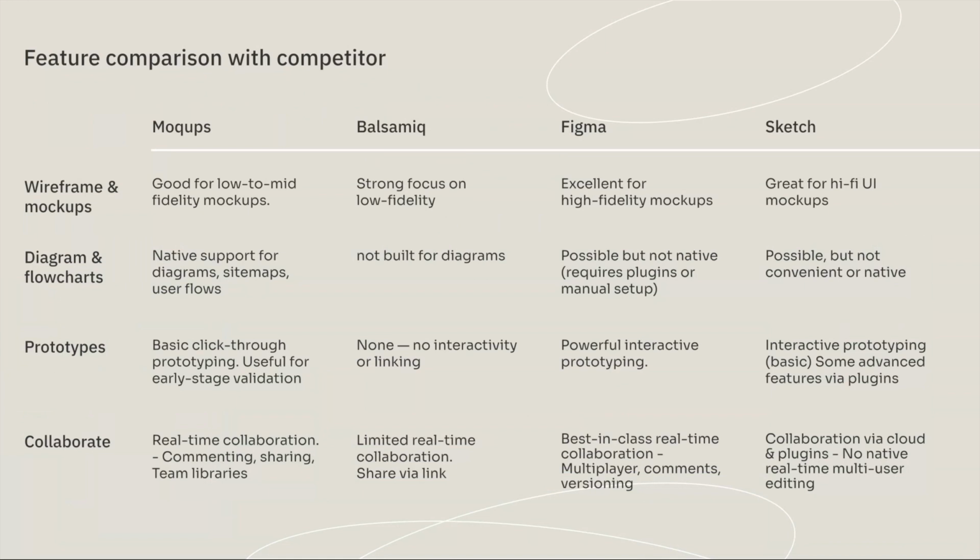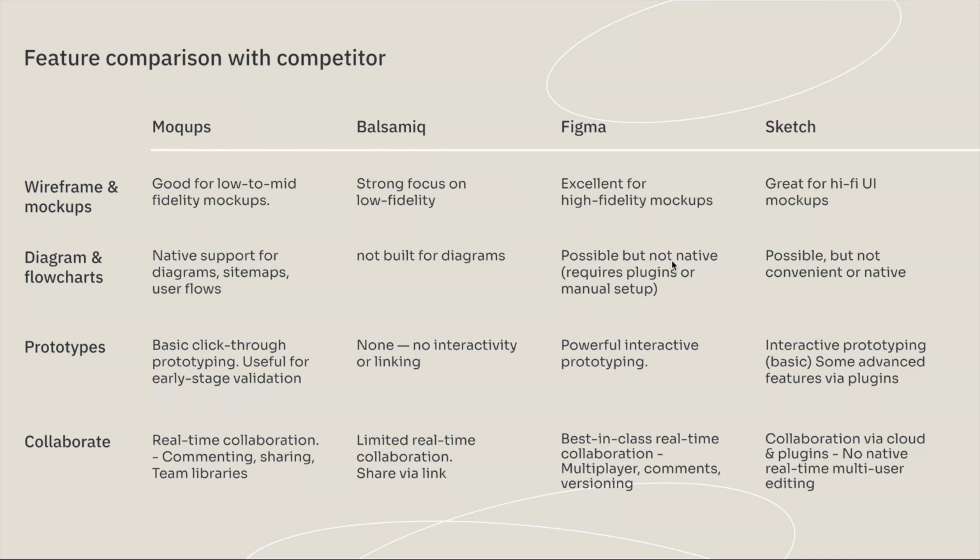Figma is an industry leader for UI/UX professionals, but has a steeper learning curve and may be overly complex for simple planning tasks. Sketch remains a powerful UI design tool but lacks native diagramming and is limited to Mac only. So users of Windows and Android can't use this tool.